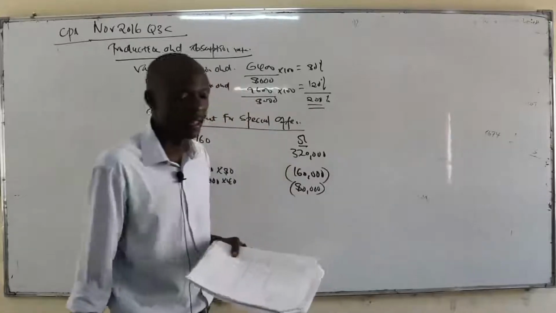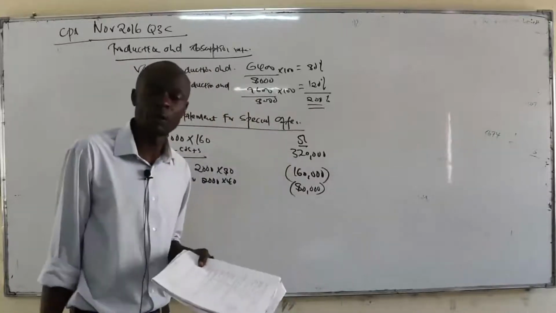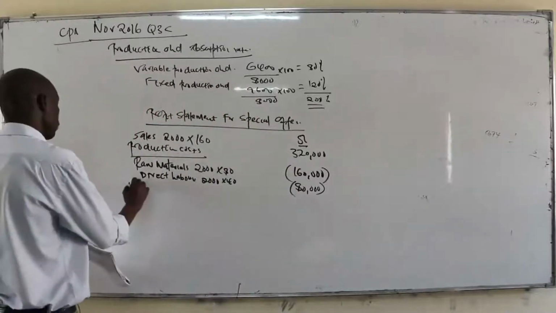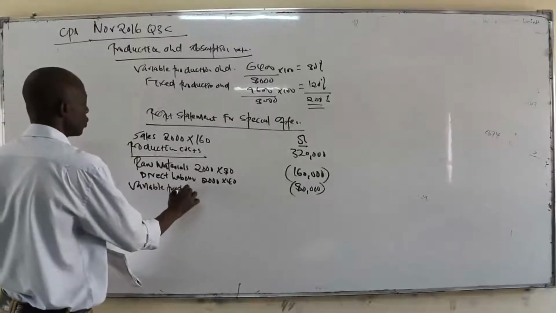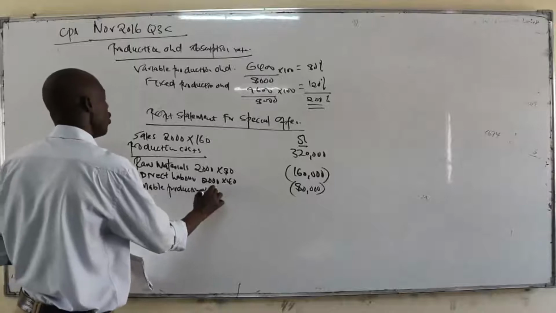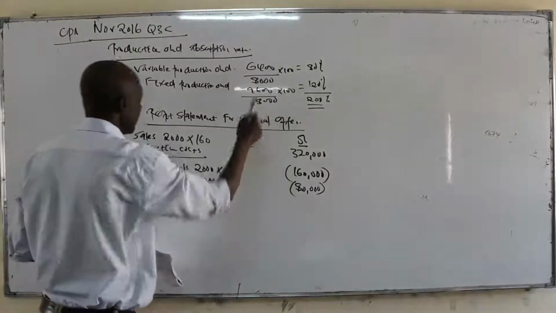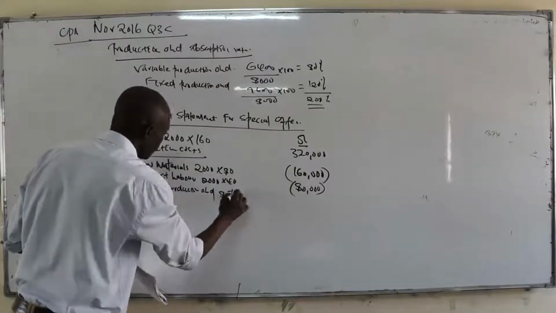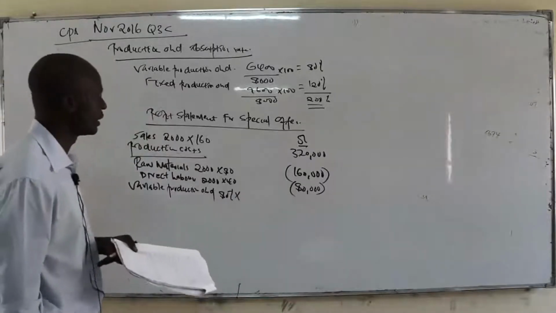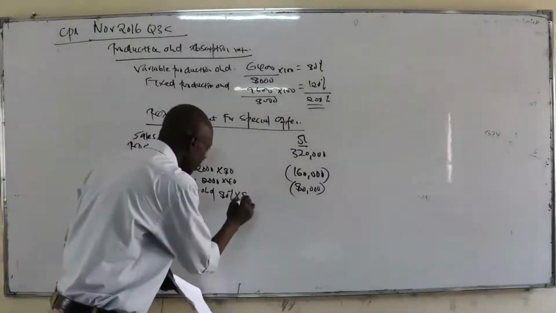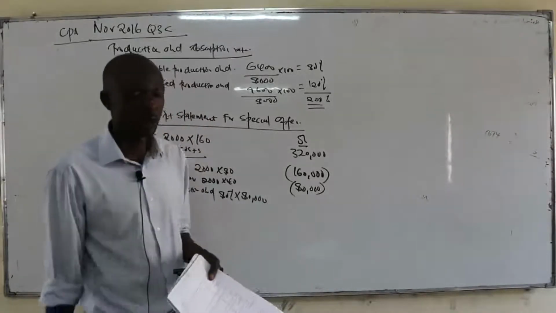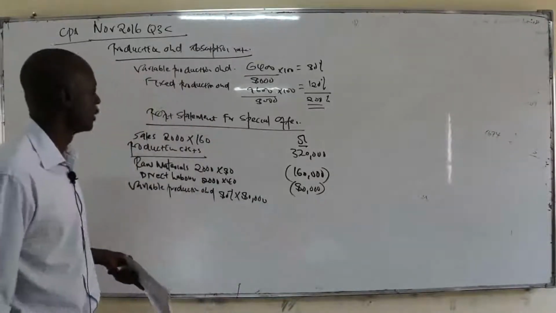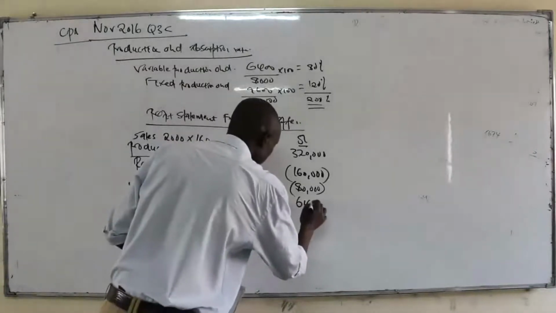And then there will be variable production overheads, which is 80% of direct wages. Direct wages is how much? 80,000. So that one will give you how much? 64,000.